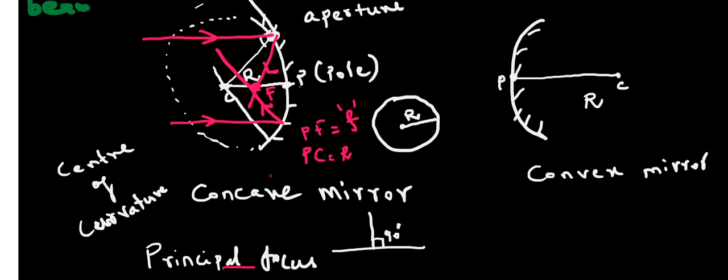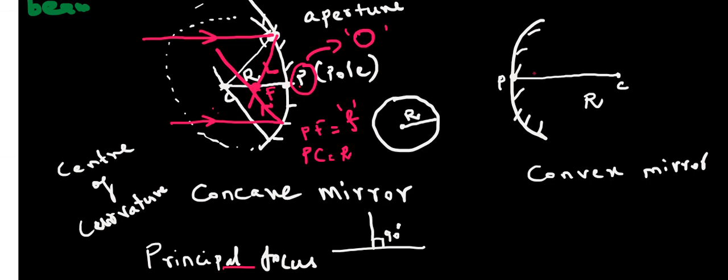So basically the principal axis is the line that passes through the center of curvature, principal focus as well as the pole. Okay, so whatever terms we have studied in mirrors are equally applicable to lenses as well, but the only difference, what is that? Instead of pole, we have a different terminology known as the optical center. Other than that, everything would be the same.